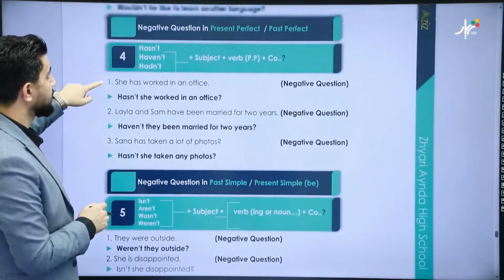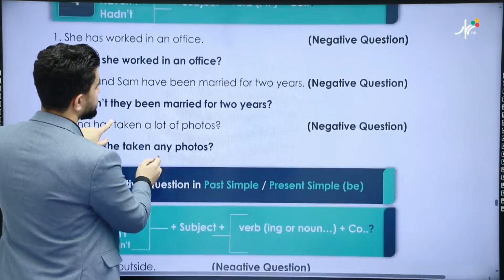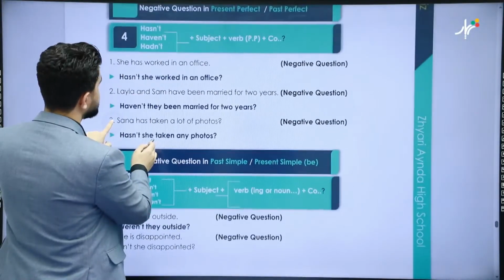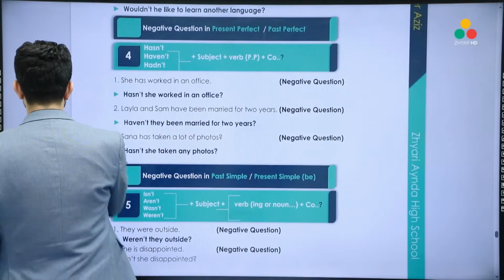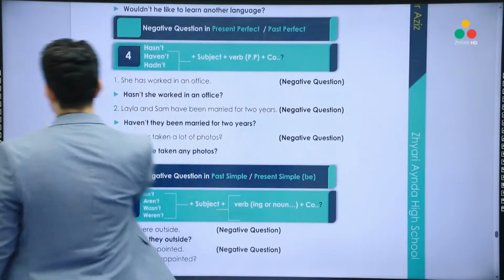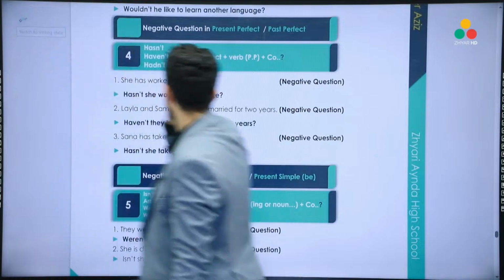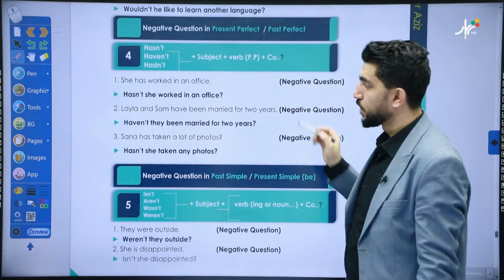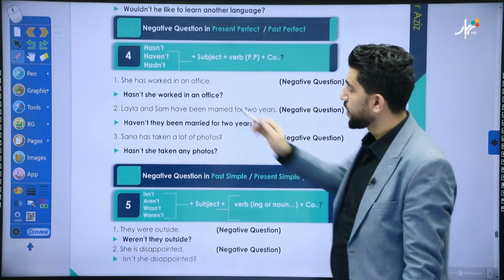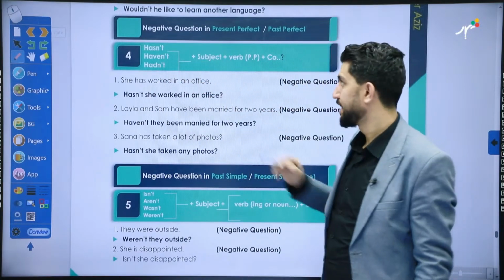Negative question in present perfect. All right. So when it comes to negative question in present perfect, we use it like this. Look at here. For example, present perfect or past perfect, when we change it to negative, we need hasn't, haven't, hadn't.